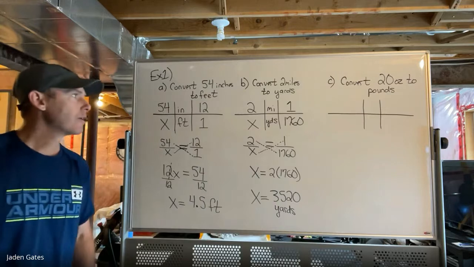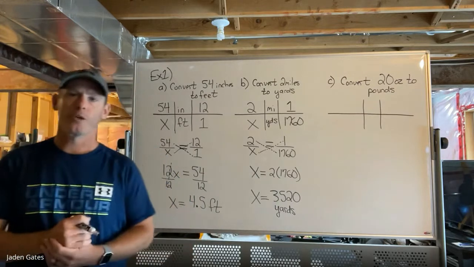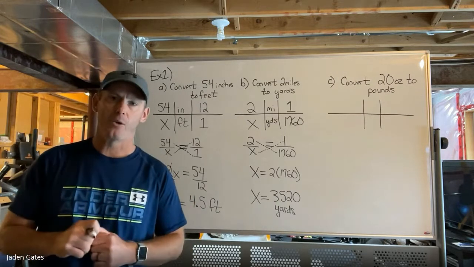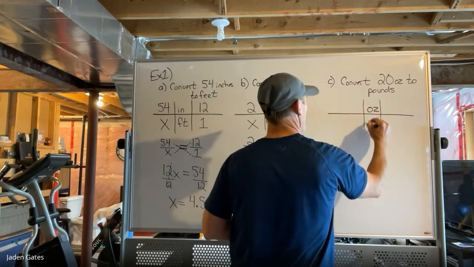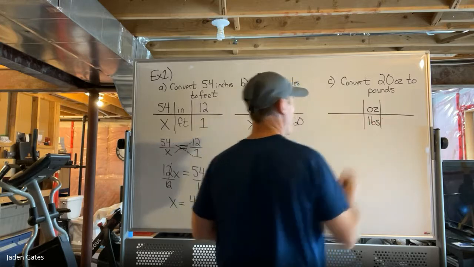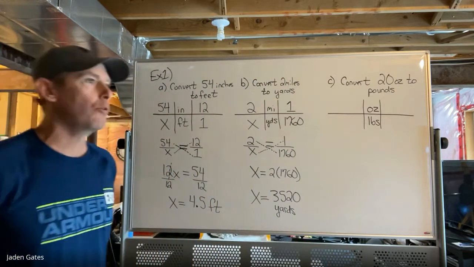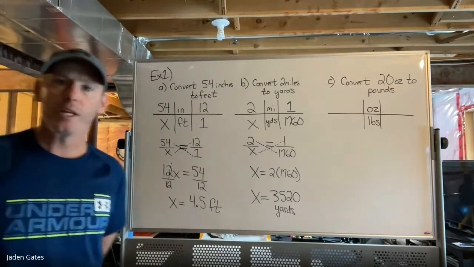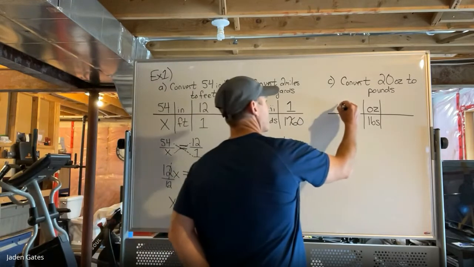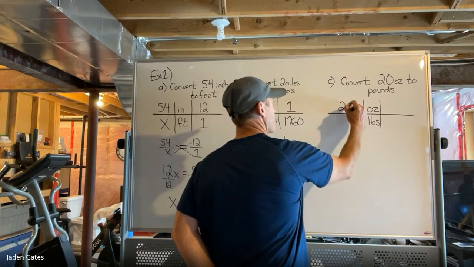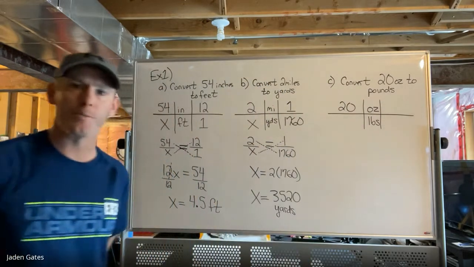Again, I know the units I'm working with, ounces and pounds. Ounces is usually OZ, and pounds is LBS. Again, you can write in the names if you want. Now, we're dealing with 20 ounces. So ounces on the top, so I've got to make sure I put my numbers in the right spot.